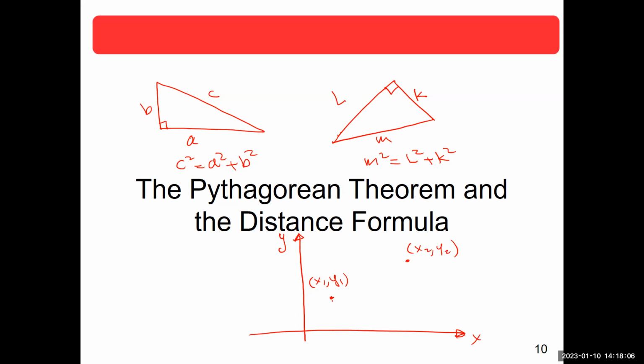So basically, if I draw, this distance from here to here is X1. The vertical distance is Y1. If I go to the next point, the horizontal distance is X2. The vertical distance is Y2.